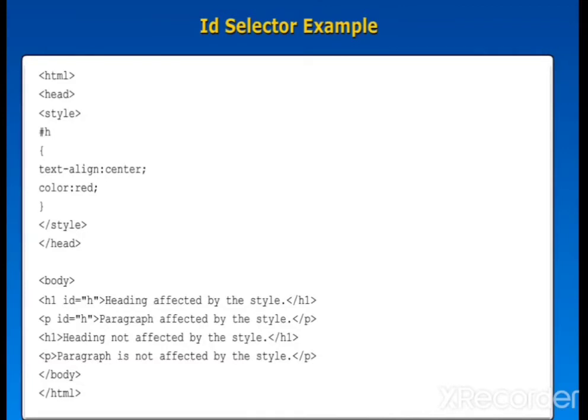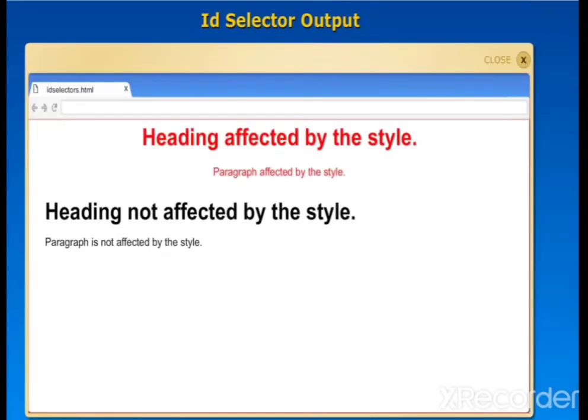Here the id name is h. That is why in double quotes we have to mention h. If the id name is n, then we have to mention it as n. After that, in the p also we use id equals h. For that, this is the output, right?